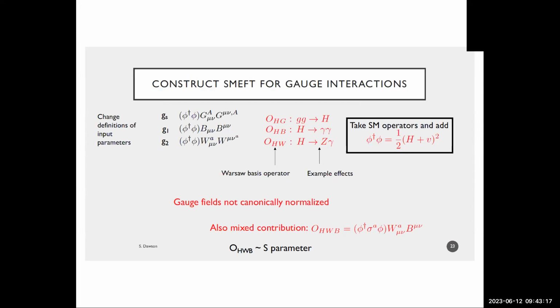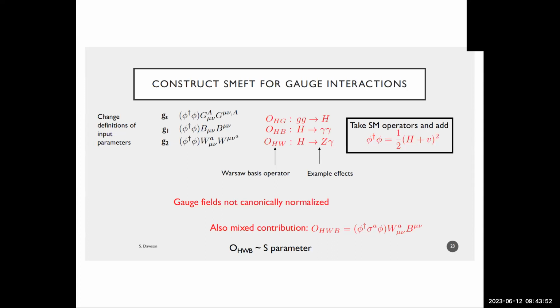Okay, so for example, here we go. We've got the gluon kinetic energy term, G mu nu, G mu nu. I'll just add a phi dagger phi. We've got the electroweak, SU(2) and U(1) kinetic energies. I'll just add phi dagger phi. So this is formulaic, but some interesting things happen, because if I add terms like this to my gauge interactions, when I take both of these phi's to be v, then my gauge kinetic energy is no longer canonically normalized, because I've got a contribution here which is v squared times what I thought was my kinetic energy.